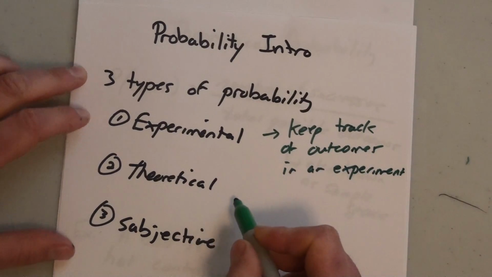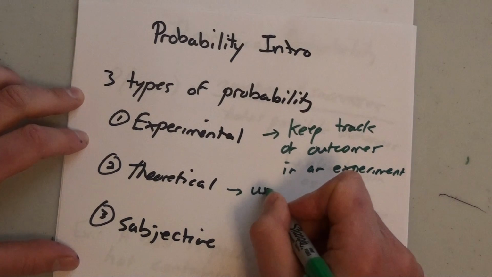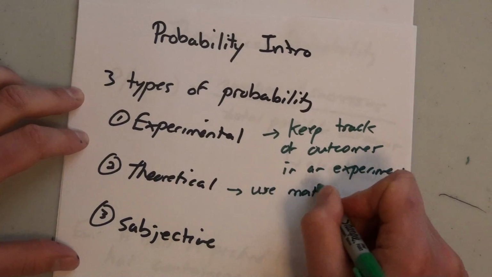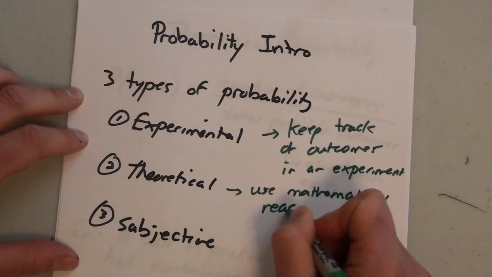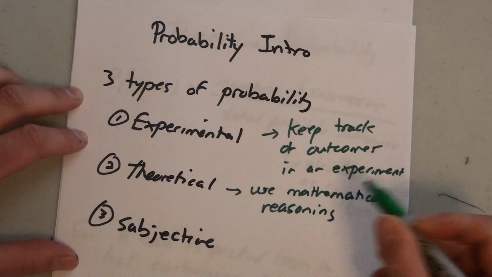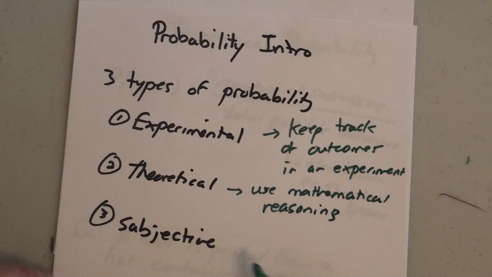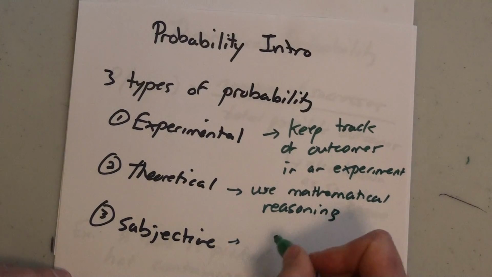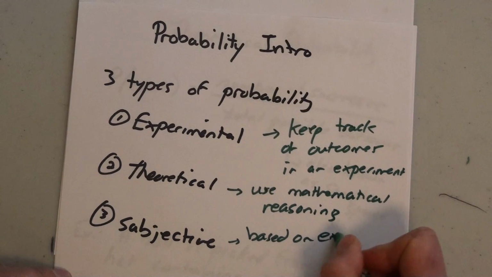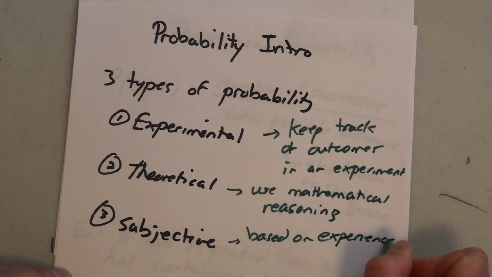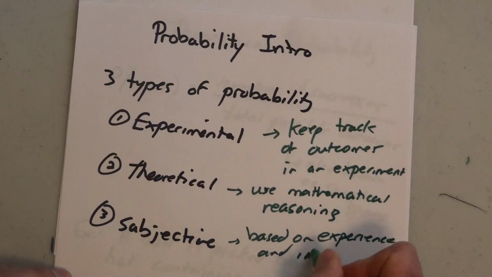Theoretical probability, you're going to use mathematical reasoning, and that's what we're going to spend most of our focus on. And the third type is subjective, and that's based on experience and intuition.